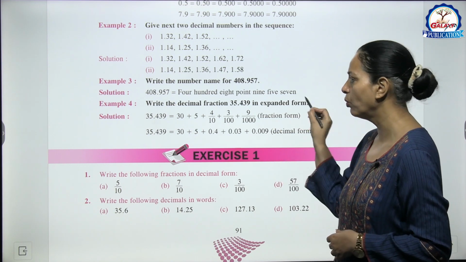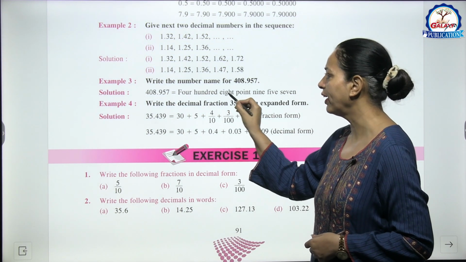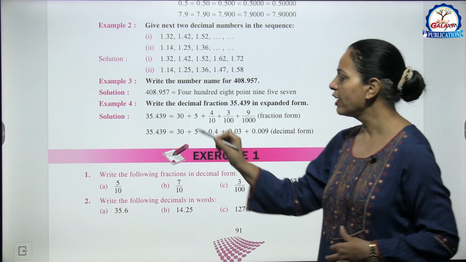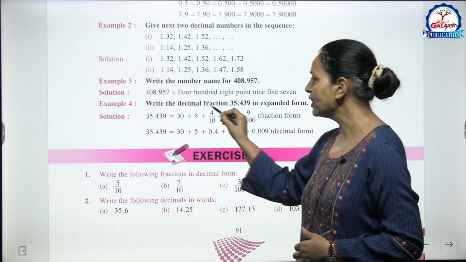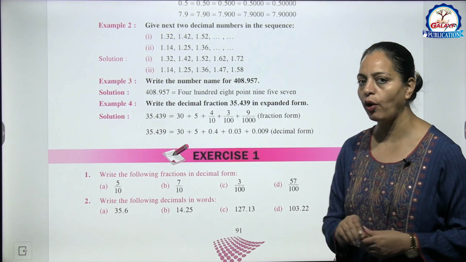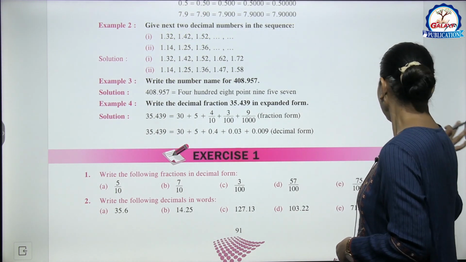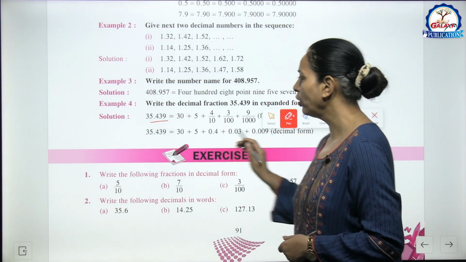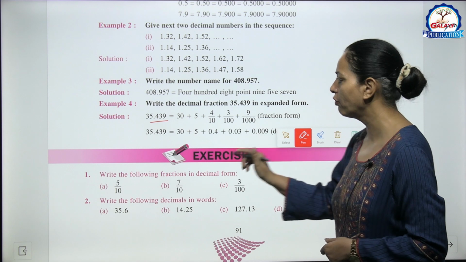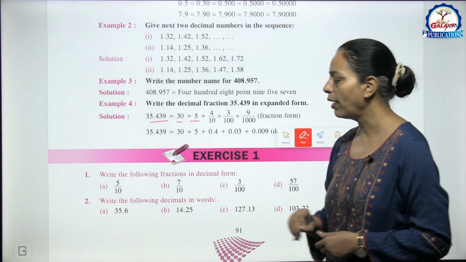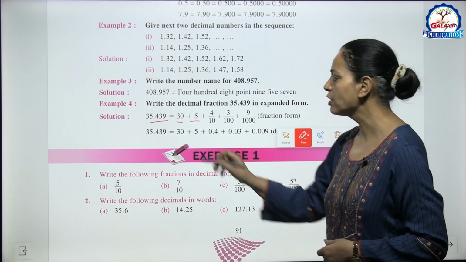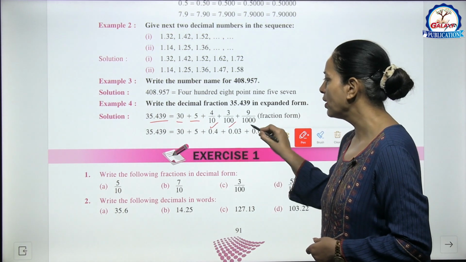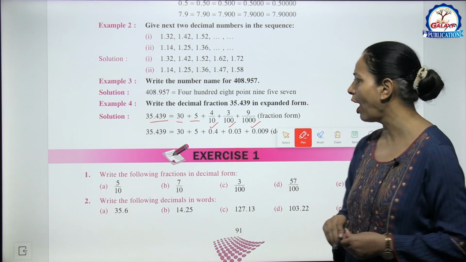Right? Now example 3, write the number name for 408.957. So write it in words. Okay. Now example 4, write the decimal fraction 35.439 in expanded form. So here 35.439, how can you write it? 30 plus 5 plus 4 upon 10 plus 3 upon 100 plus 9 upon 1000.